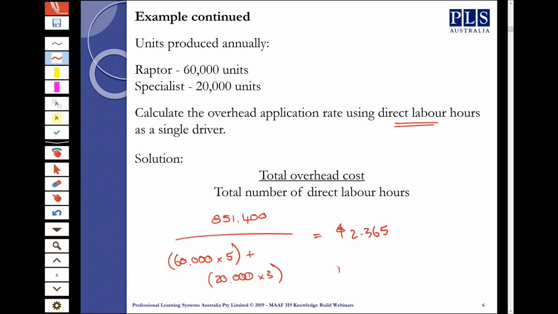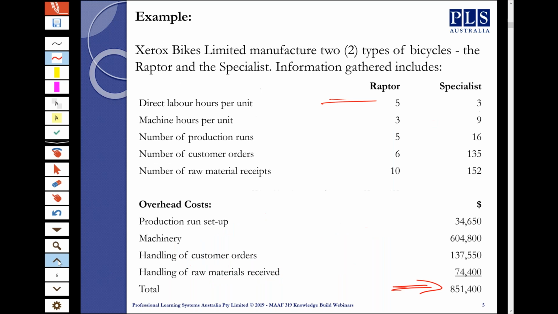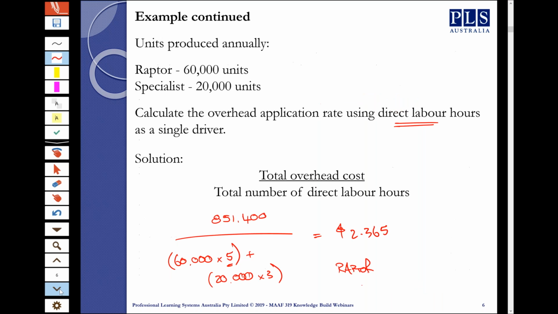If I'm then working out how much I would allocate to the Raptor, keeping in mind the Raptor takes 5 hours, I take my 5 by my 2.365, and each unit of Raptor would bear overhead of $11.82, $11.83, that sort of process. So again, if you're looking at that and going, I don't really know how to do that, just make sure you understand that is assumed knowledge of the Institute.